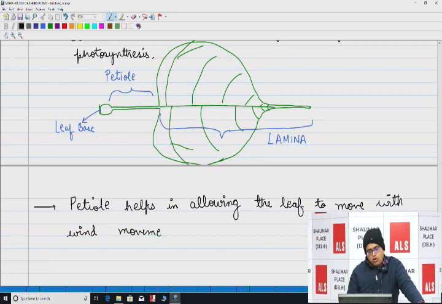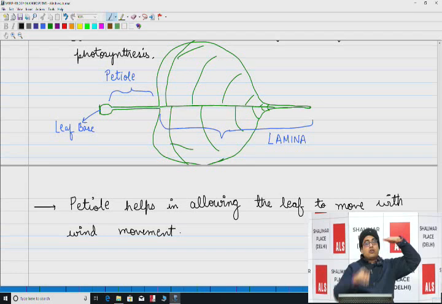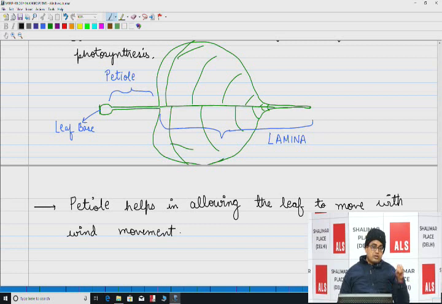If the petiole is very long, more air will circulate on the lamina of the leaf. Because the petiole is long, it helps in more movement. More movement means the leaf will cool down faster in hot conditions.